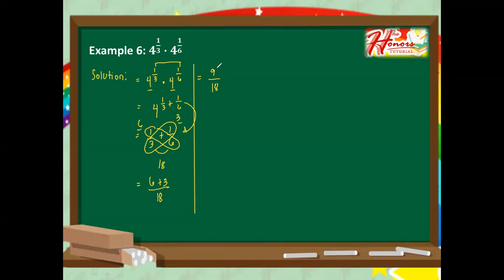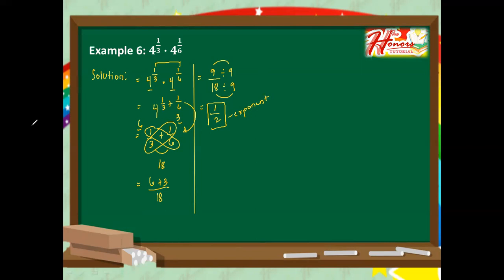How? Just think of a number that can divide the numerator and denominator at the same time without remainder. So let's divide both sides by 9. 9 divided by 9 is 1. 18 divided by 9, that's 2. So we have here 1/2. This is for our exponent, okay?